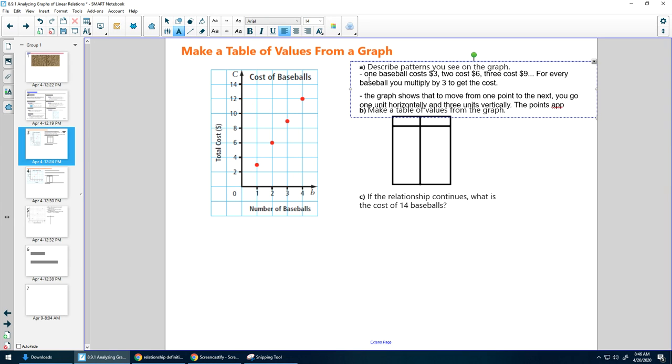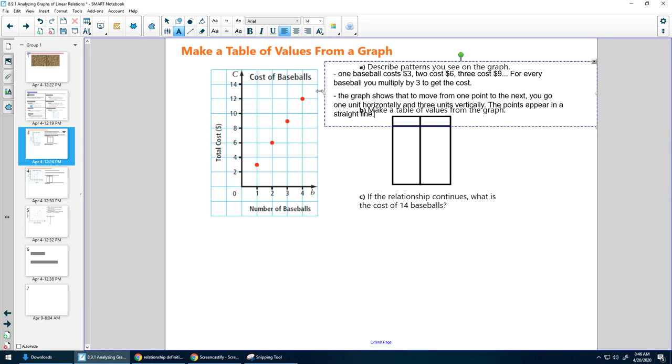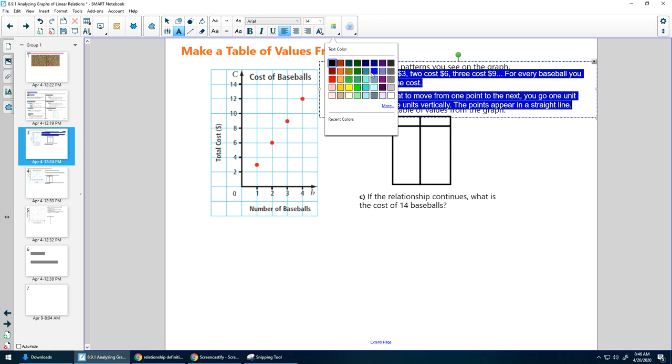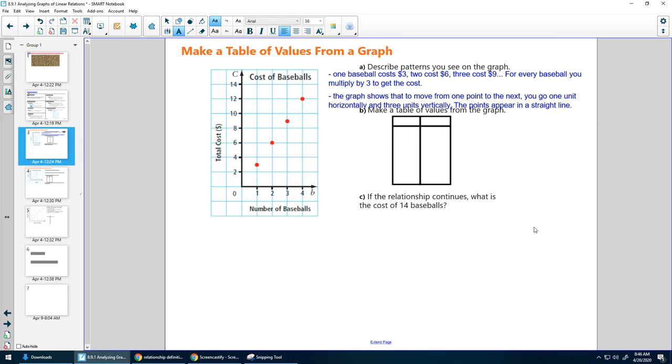The points appear in a straight line. I'm just going to shrink that, try to get that to fit in here. I'll change the color so that you can see it better. Okay, so those could be some of the patterns.